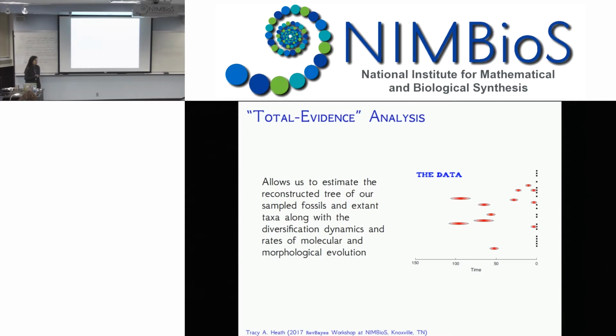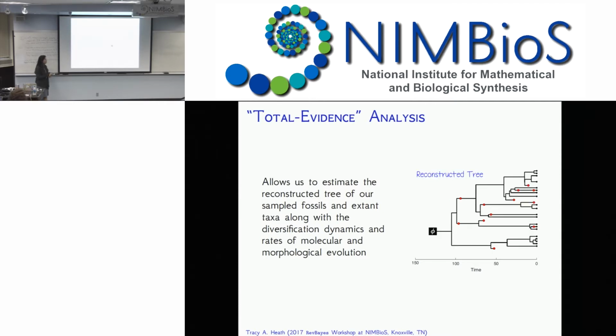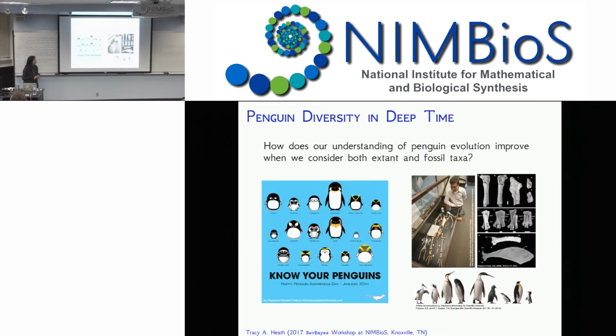The objective of the total evidence analysis is to reconstruct the whole diversification process. This will allow us to understand the diversification process that gave us our sampled fossils and our extant taxa, as well as all of the dynamics that were driving that process. Ultimately, what we're attempting to estimate and account for is this reconstructed tree.